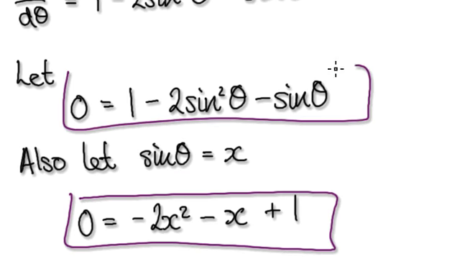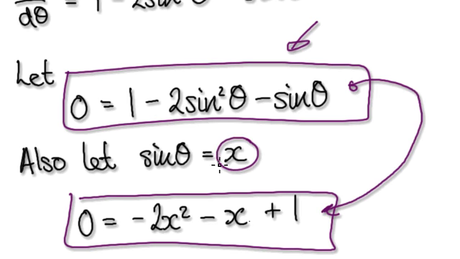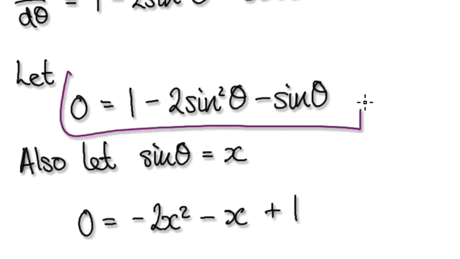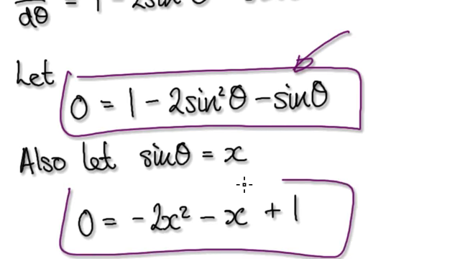This is too complicated to solve, so we translate this into this, solve the quadratic equation, and then later turn the x back into theta. This is just a trick that you can use in order to solve something like this. At the moment, it's too complicated, so turn it into a quadratic.